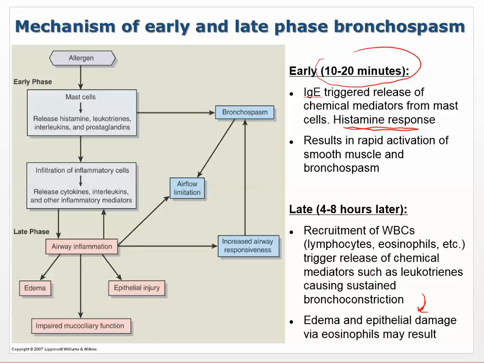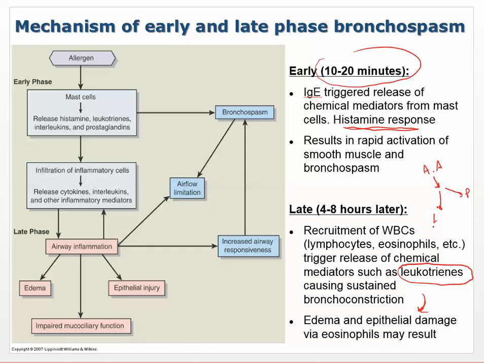They trigger the release of chemical mediators such as leukotrienes. Leukotrienes are kind of related to prostaglandins. They're kind of made in that same arachidonic acid pathway. Arachidonic acid, and then you kind of have the leukotrienes, which are made, and you also have prostaglandins that are made. And so they kind of work in that cell-mediated fashion.